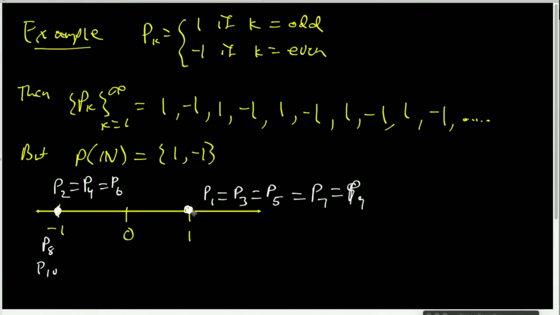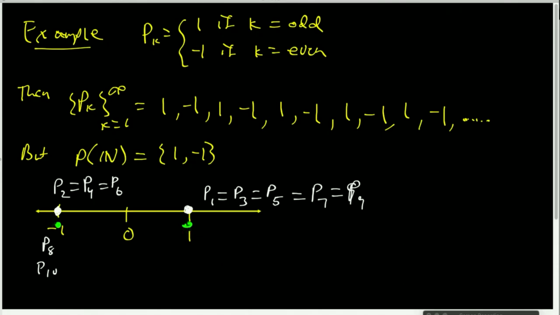So in other words, we can see that the image is actually just 2 points. But the sequence itself is hopping back and forth. It goes from here to here to here, and it just keeps bouncing back and forth between those two numbers.